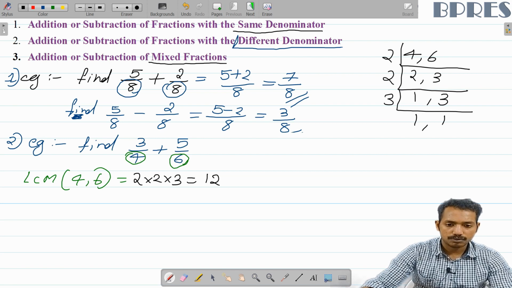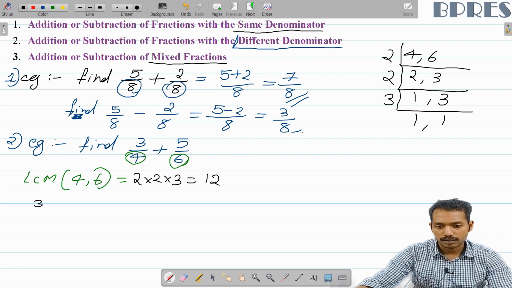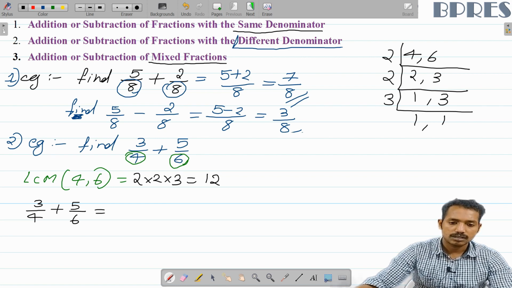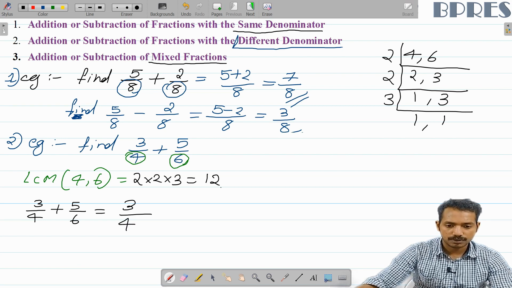Now the step for this addition is to make the sum of these two numbers, 3 by 4 plus 5 by 6, which is equal to, just convert the given denominators into the form of LCM. So for that, what can be done? 3 by 4, just keep the same fraction. Nothing to do, just write the same fraction 5 by 6.